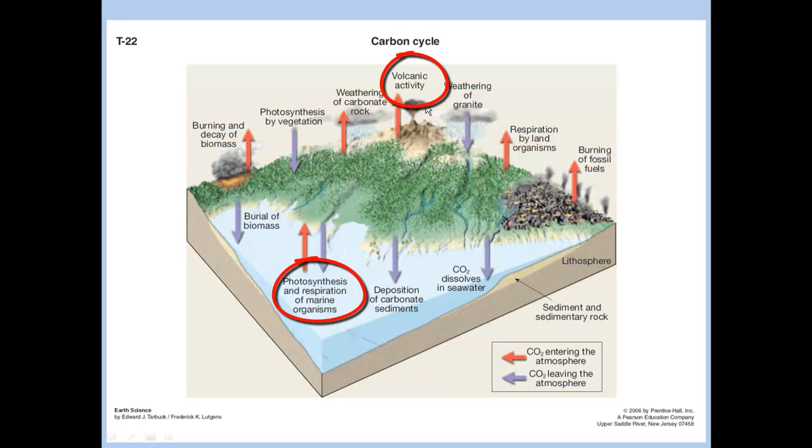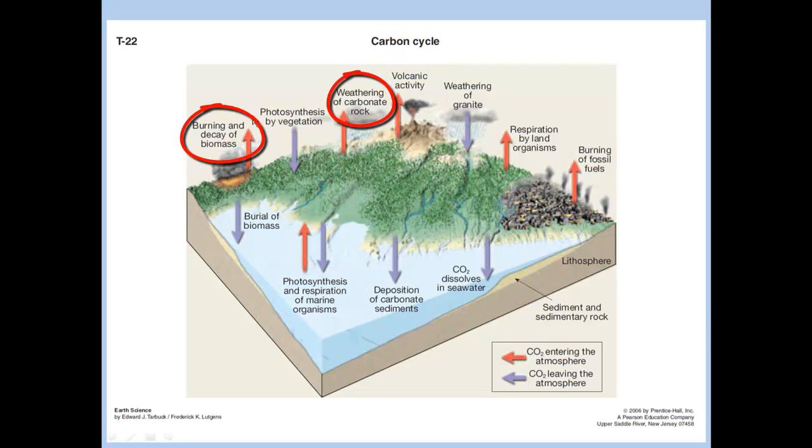Processes like volcanic activity, weathering of carbonate rock, and the burning and decay of biomass are all ways that carbon dioxide can actually enter the atmosphere.